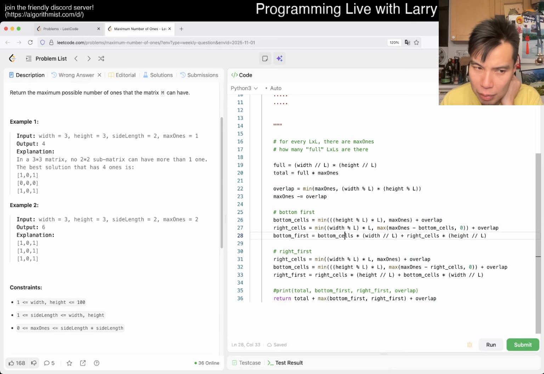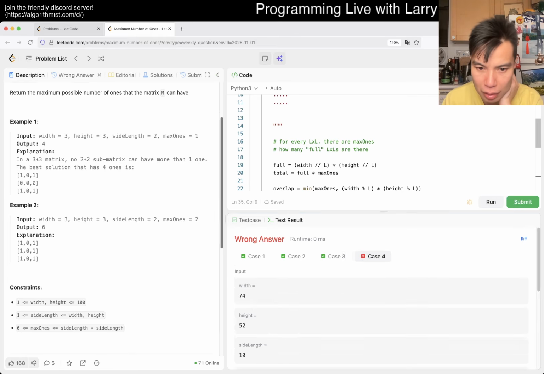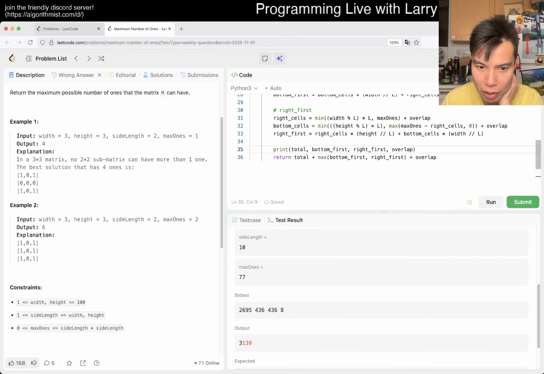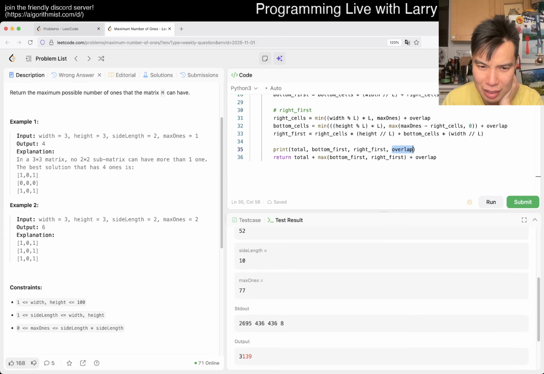Let's see, bottom cells. So that's the contribution of each thing times this. We only have one extra box of overlap. That seems right. All right, let's just print it out real quick. Overlap is 8. Does that make sense?